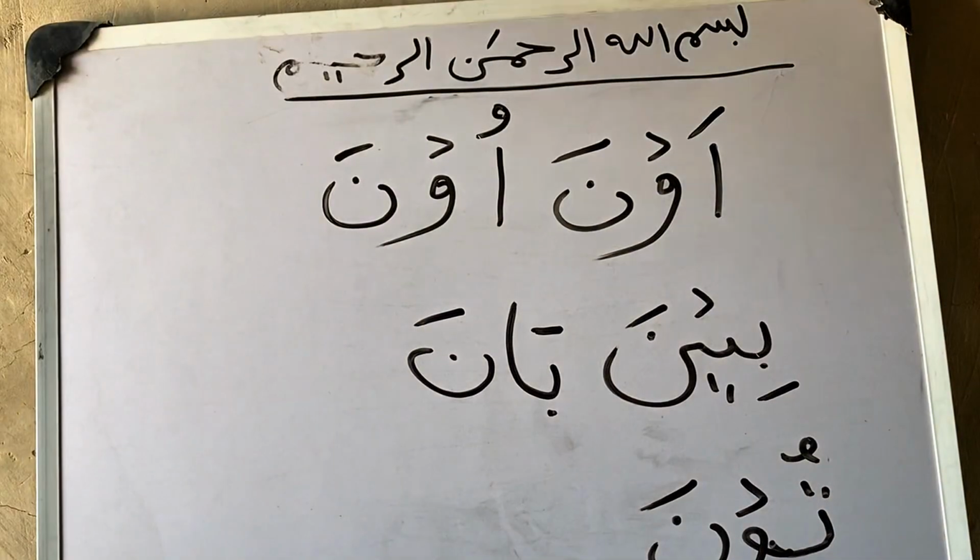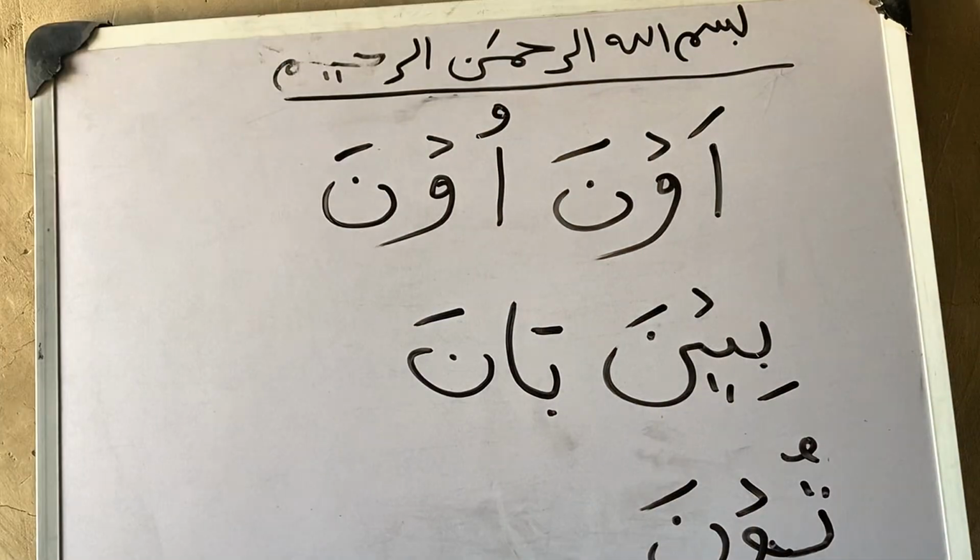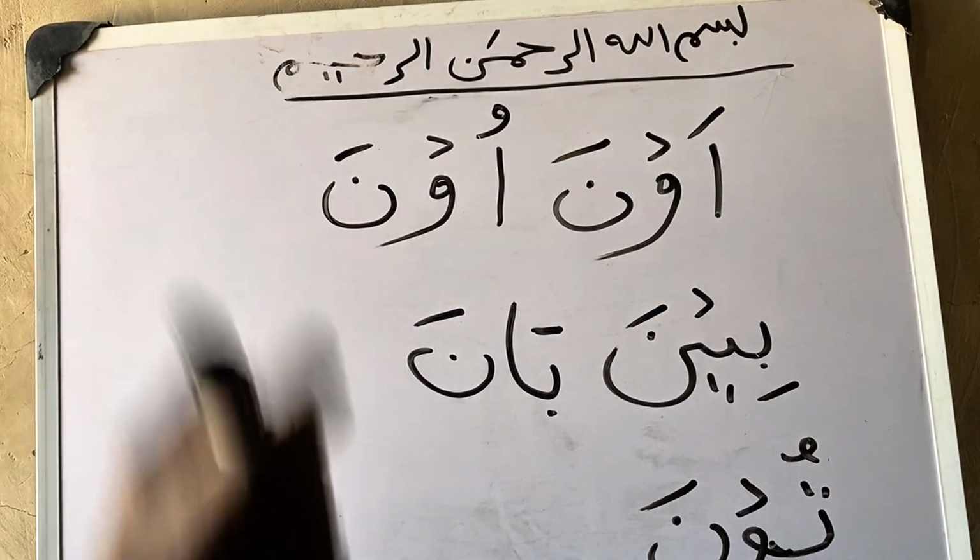You can see it. Tuna. It is called what? Tuna, just a little bit of vowel.